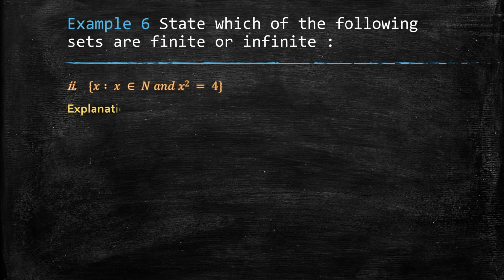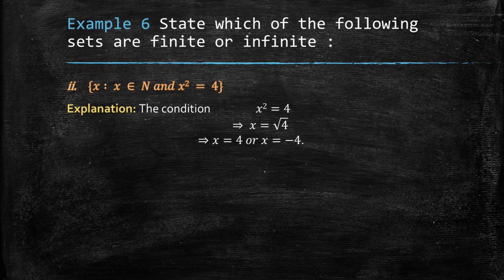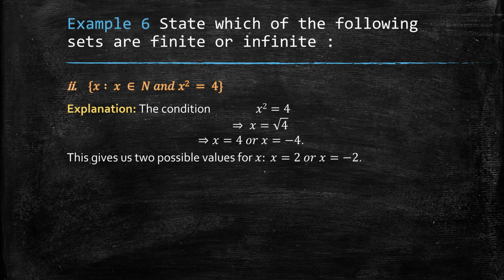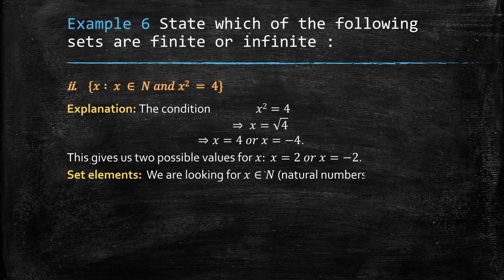The condition x squared equals 4 implies x equals 2 or x equals minus 2. This gives us the possible values for x. We are looking for elements where x belongs to the set of natural numbers.